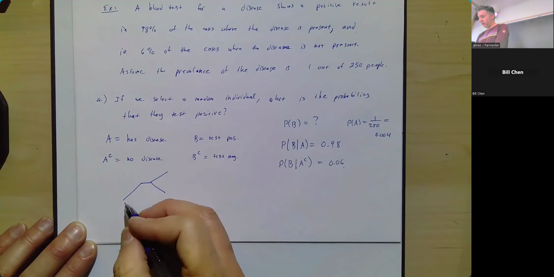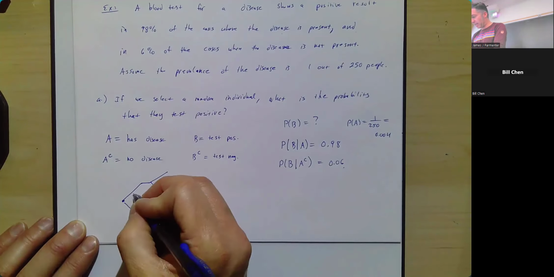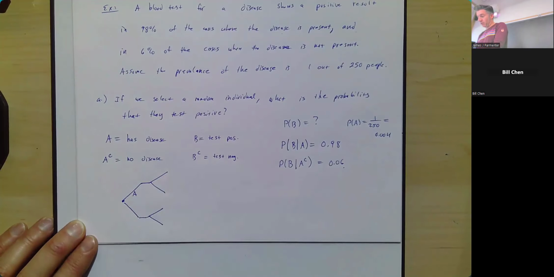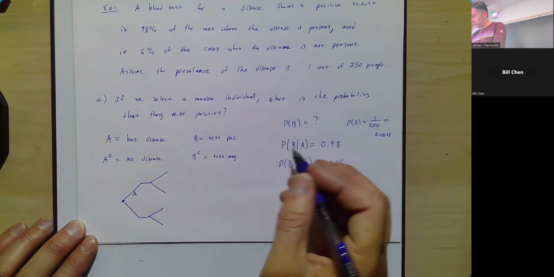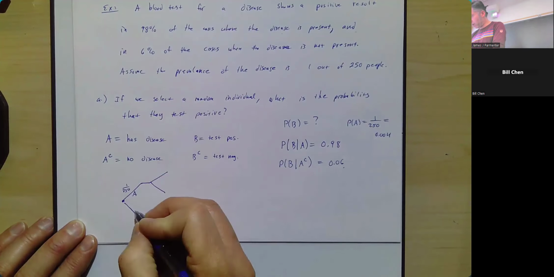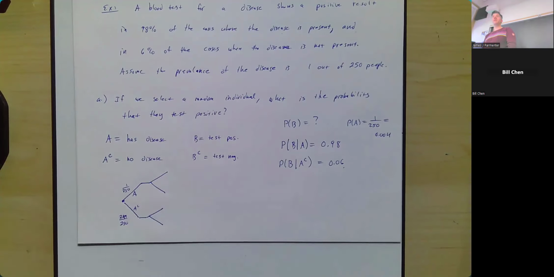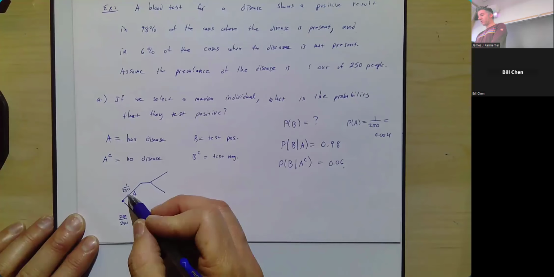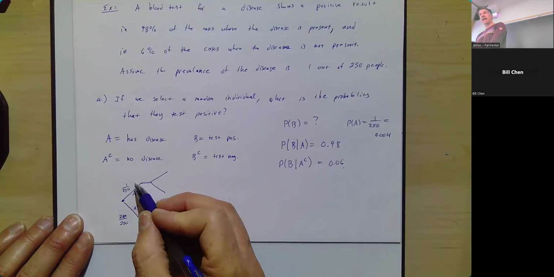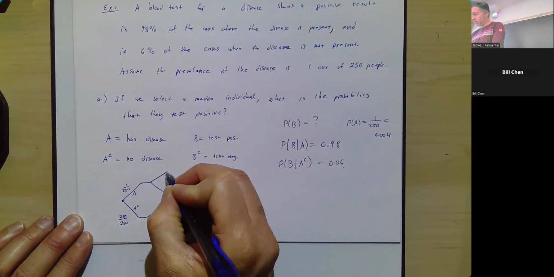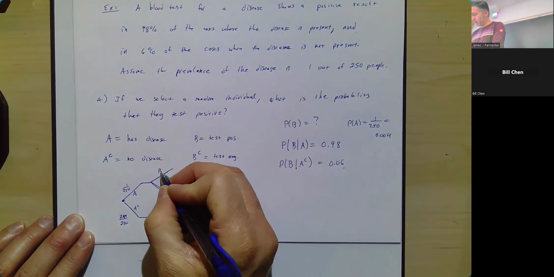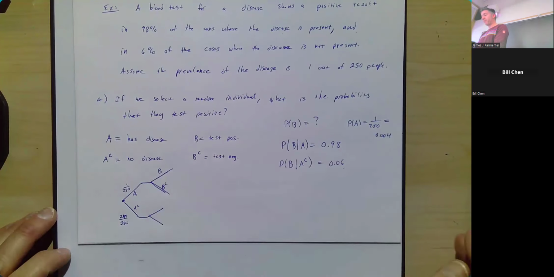So on this first branch, either someone has the disease with a probability of 1 out of 250, or they don't with a probability of 249 out of 250. But basically you have to have all the possibilities in that branch. Great. So now, on the branch where it's already given that someone has the disease, you can either test positive or test negative.